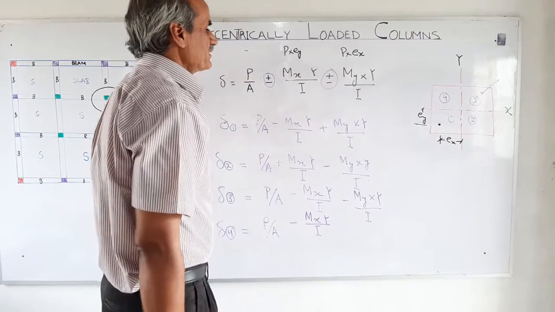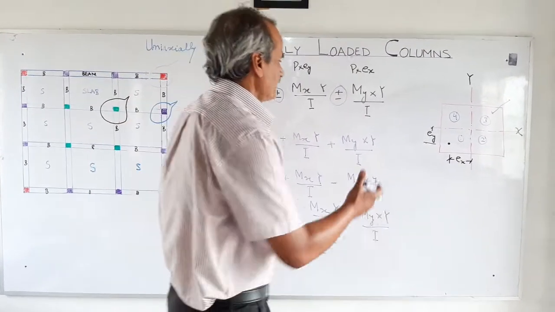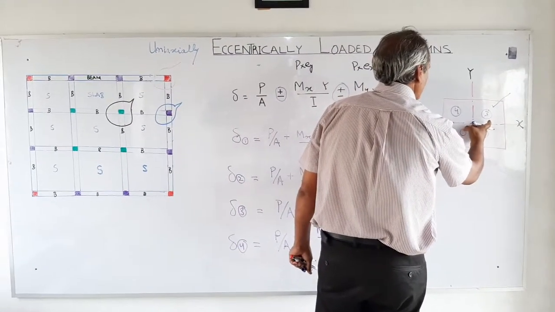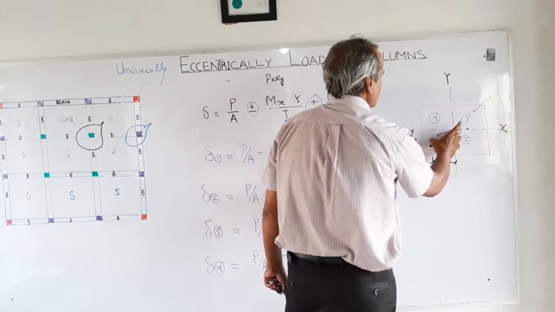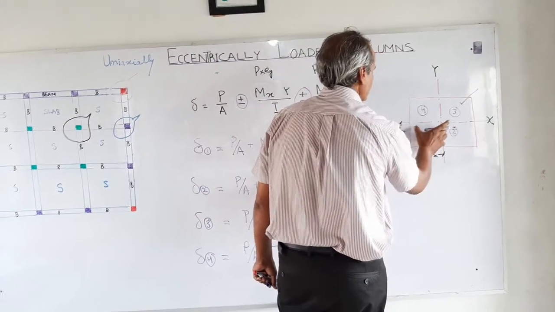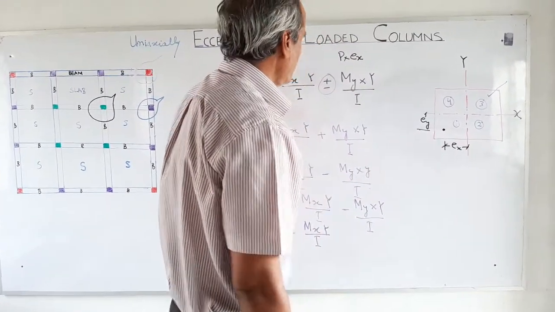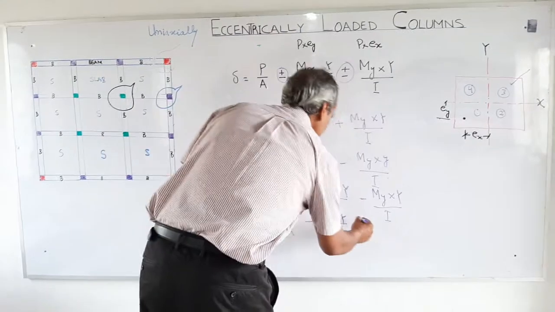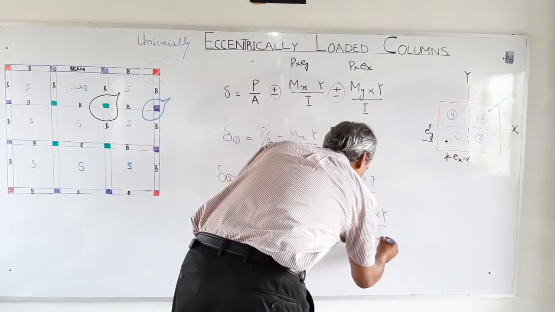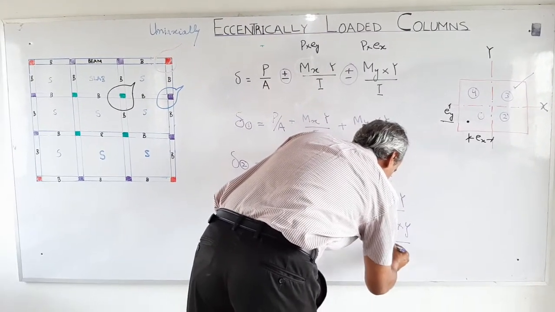Whereas considering the second eccentricity, that is eccentricity from the y-axis, the moment caused due to this eccentricity is in the half of the load applied, so it will be positive in sign. So it is positive, My into y divided by I.